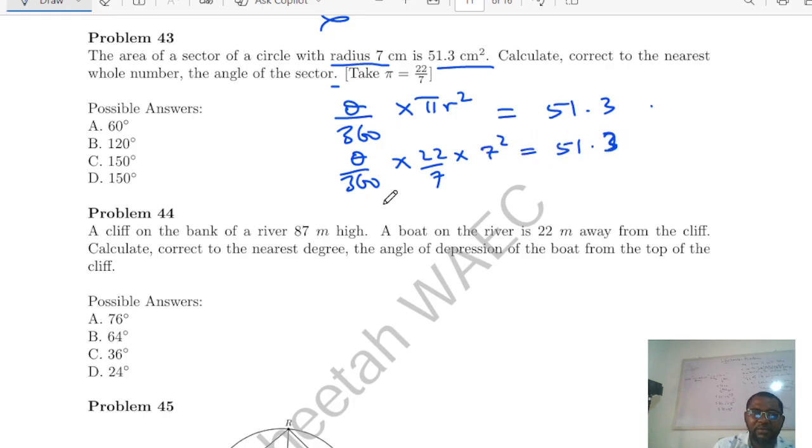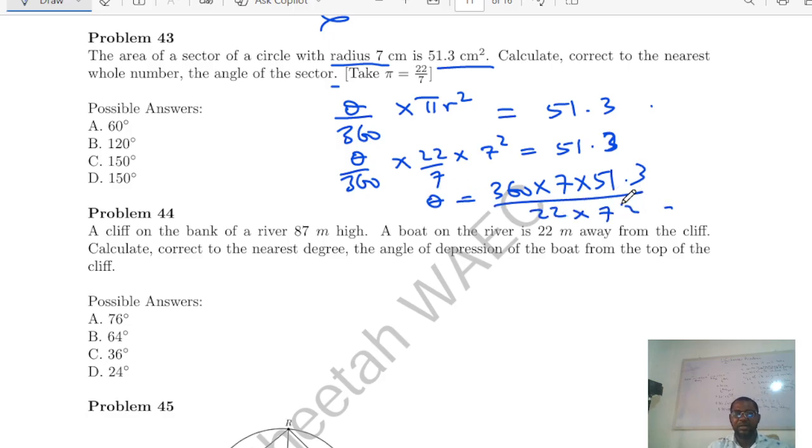If we cross multiply to find theta, theta is going to be 360 times 7 times 51.3 divided by 22 times 7 squared. I would have done some calculations here, but that's fine. So let me do that now. 360 times 7 times 51.3, then in the denominator multiply 22 times 7 squared.